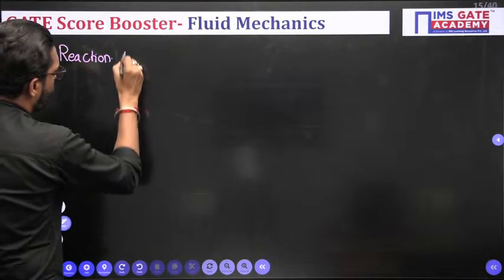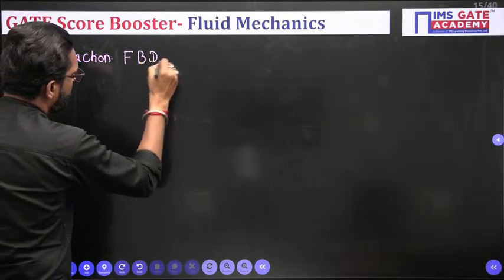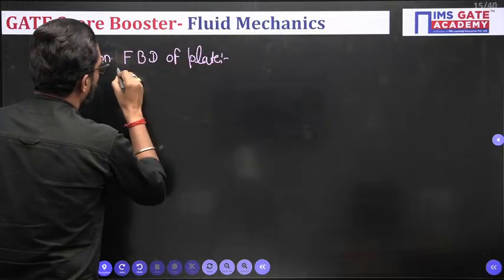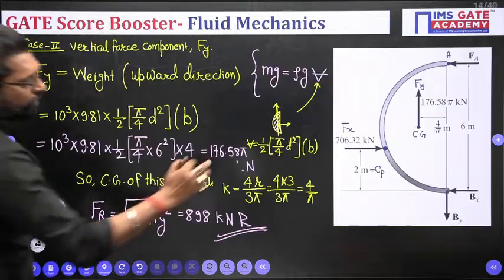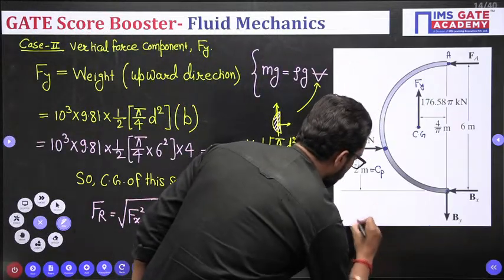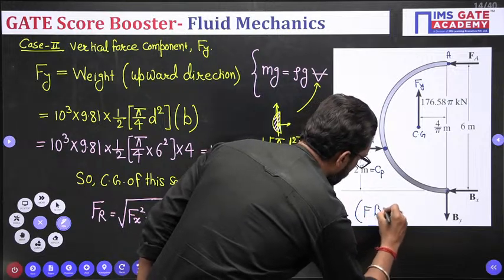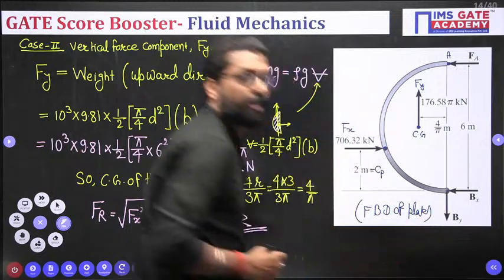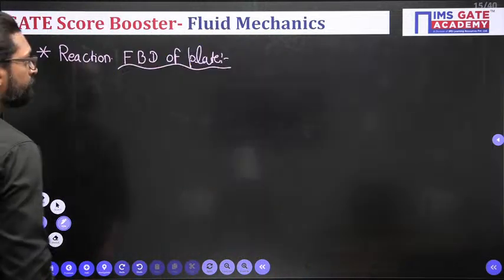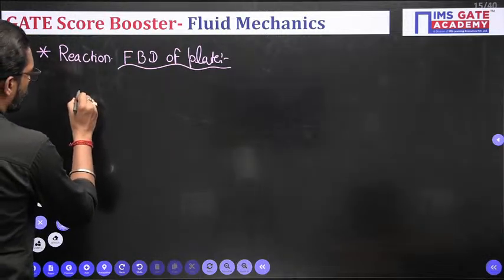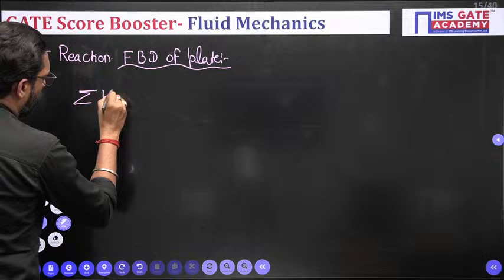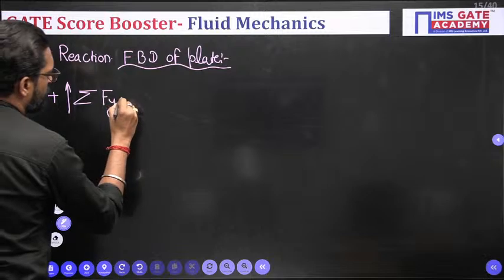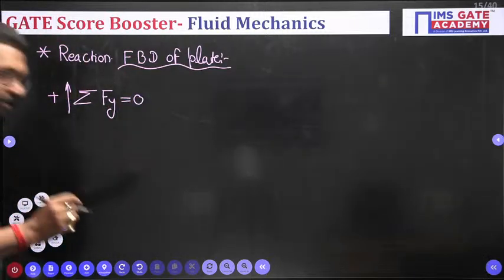So we have to draw the free body diagram of the plate. This is your free body diagram of the plate. Now let's suppose summation of all the forces in the y direction, taking upward as positive, is equal to 0.